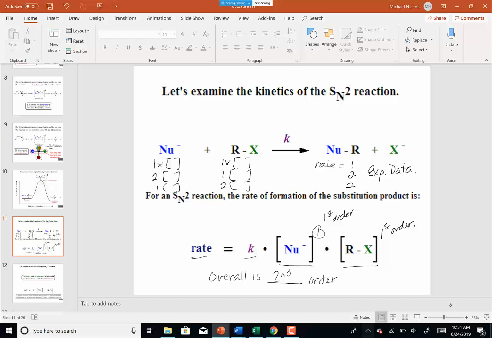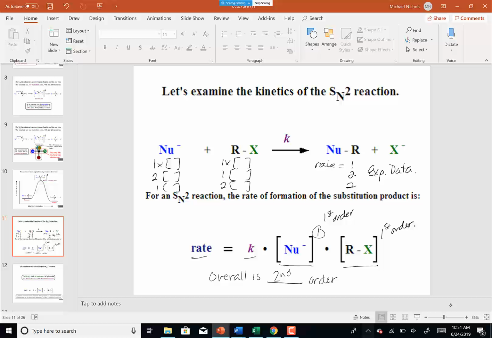There is no way for me to get this by looking at it. How would you determine that by looking at it? Well, using the coefficients would be wrong, because sometimes the coefficients match up and sometimes they don't. So you have to go to the lab and figure out what the rate equation is.